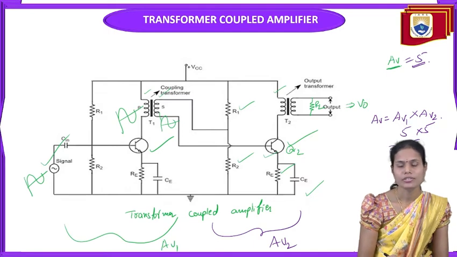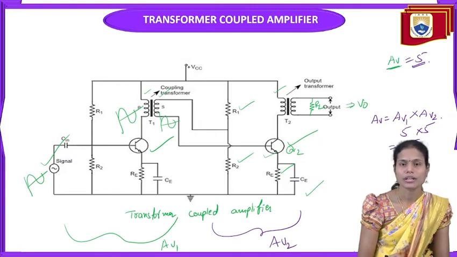Because of that reason, we go for the multi-stage amplifier. With a single stage amplifier, we cannot run all kinds of applications. To run some practical applications, we require high voltage signals or high frequency signals, and in those cases we utilize multi-stage amplifiers.